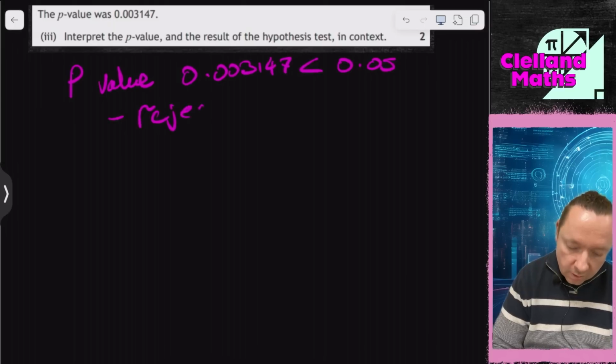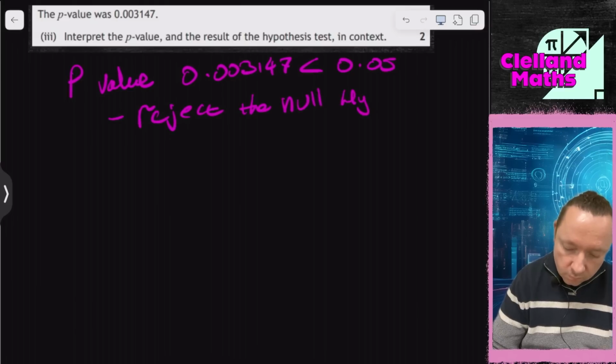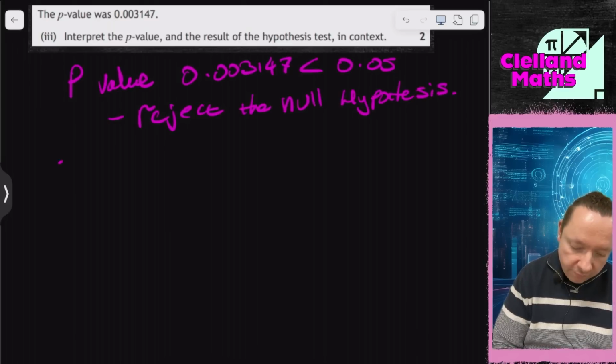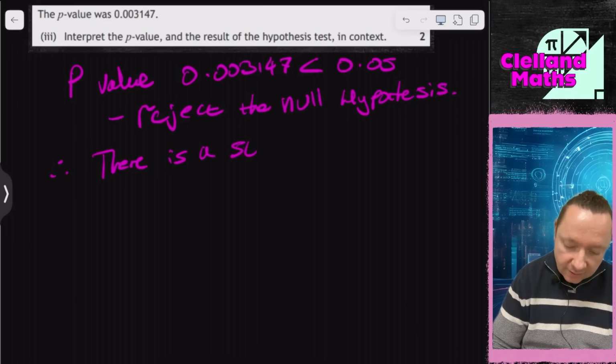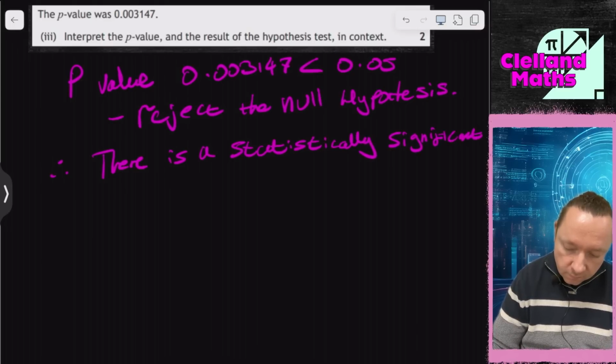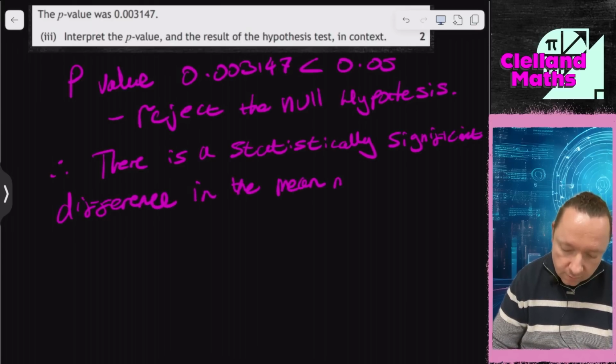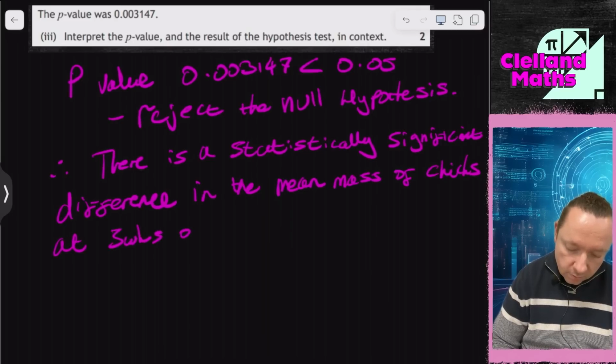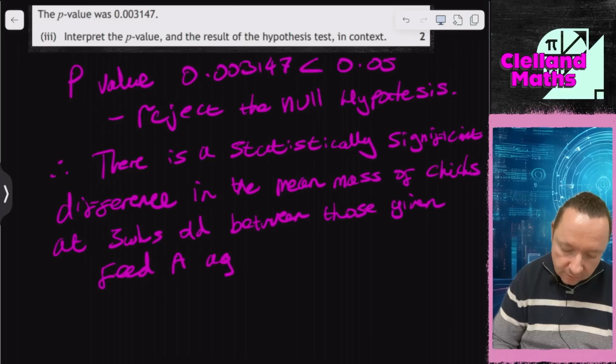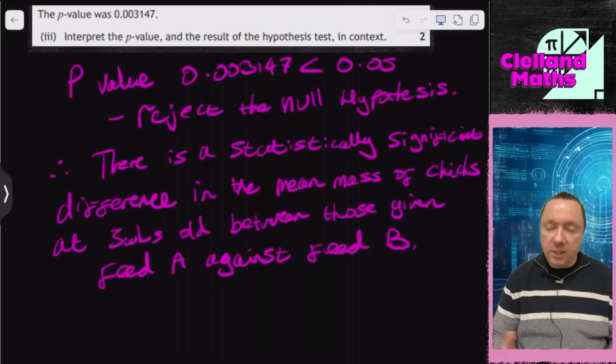So we can reject the null hypothesis, and say, therefore, there is a statistically significant difference in the mean mass of chicks at 3 weeks old between those given feed A against feed B. So you could mention a 95% confidence interval for the true population, but I don't think you need it for this question.